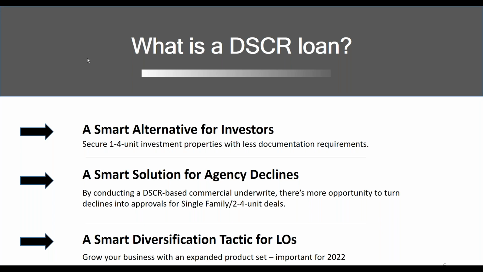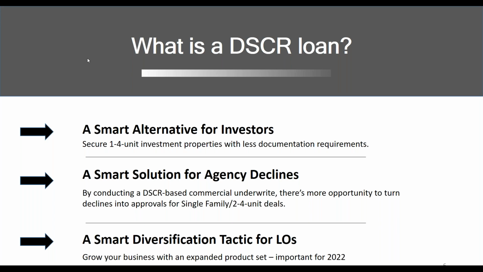And so what is a debt service coverage ratio loan? Now, first of all, it is a smart alternative for investors for 1 to 4 unit investment properties that are, again, completely investment. There are fewer documentation requirements for these loans. It's a great plan B for folks that have tried the traditional route or the agency route and have been declined. And that is reflective in the terms of these deals.